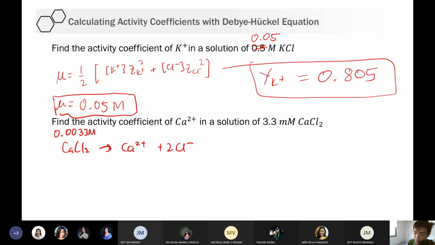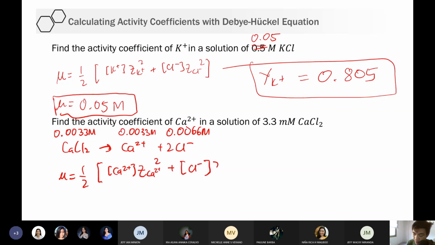So that will be 0.0033 molar. What will be the concentration of calcium? That will be 0.0033 molar. How about chloride? Since chloride has a coefficient equal to 2, you have to multiply the concentration by 2. We can now solve for mu, that is 1/2 the concentration of calcium 2 plus times its charge squared plus the concentration of Cl minus times its charge squared.